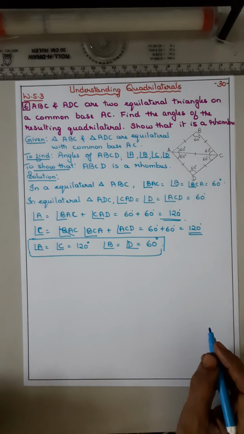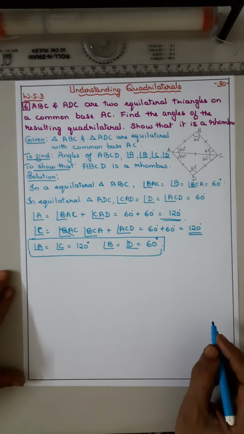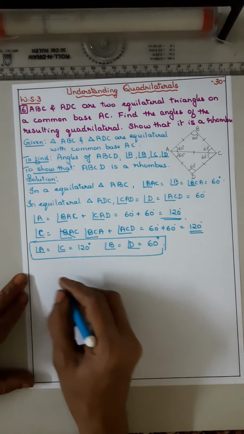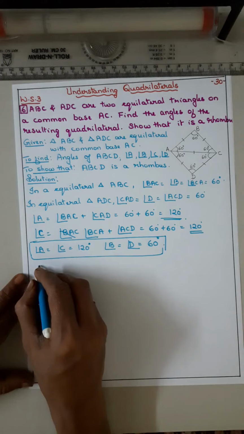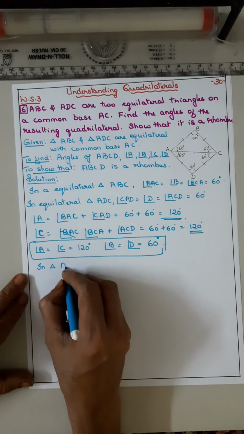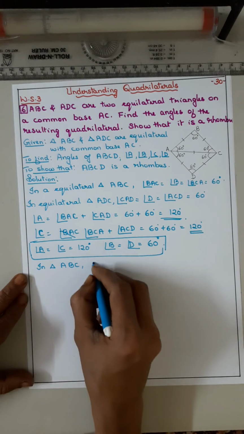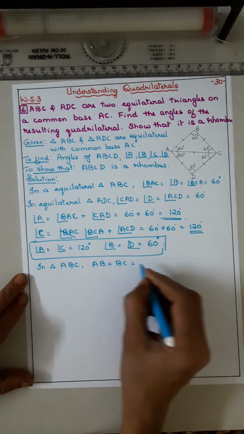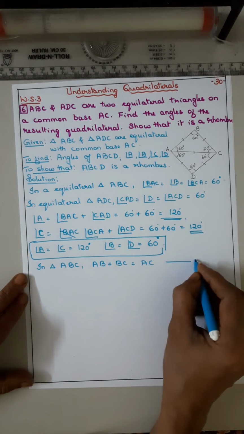Now coming to the second part, to show that ABCD is a rhombus. First tell about the first triangle. In triangle ABC, AB is equal to BC is equal to AC.